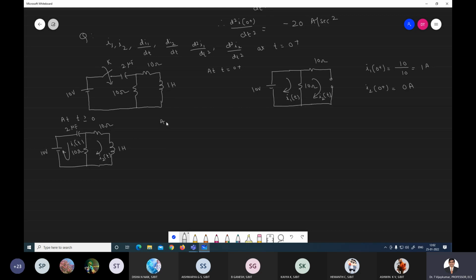Apply KVL for loop 1. Then we can write it as 1 by C integral of I1 of t into dt plus 10 into I1 of t minus I2 of t minus 10 is equal to 0.